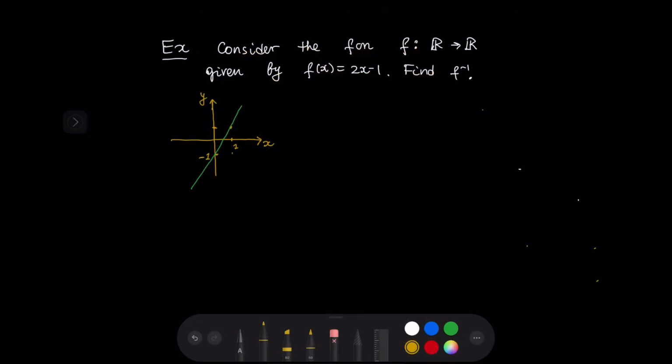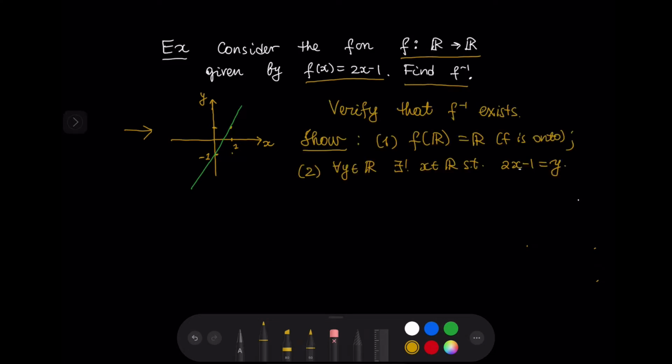So let us consider this example. Let us look at the function f from R to R given by the formula f of x equals 2x minus 1. The graph of this function is just a straight line, and what we want to do is find f inverse. First of all, we need to verify that f inverse exists. By the previous definition, we need to show two conditions.